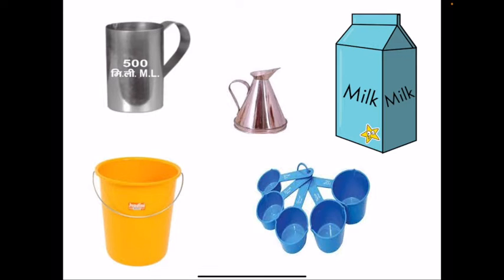Like the smallest one may be of half teaspoon or half cup. The bigger one will be 1/4 cup. Like this 1/3, 1/4, half, 1.5 cup, like this. Is it clear, children? So the objects of different sizes, they have different capacity.